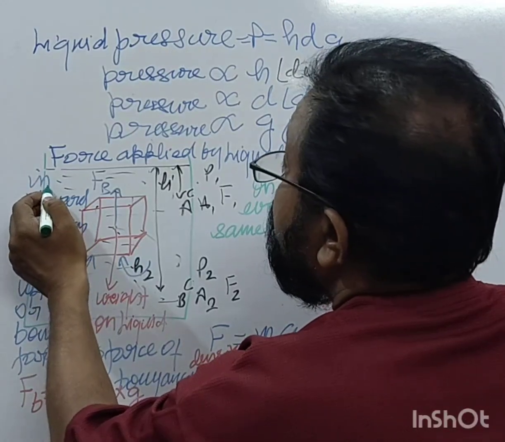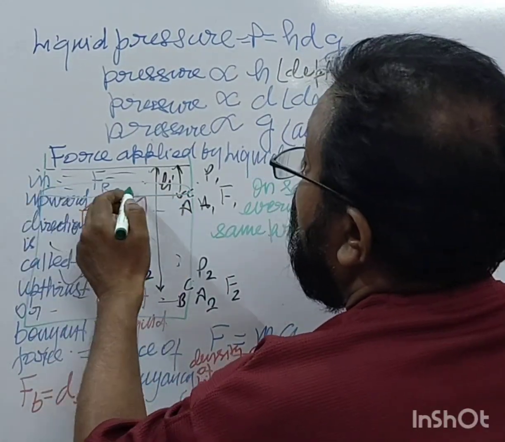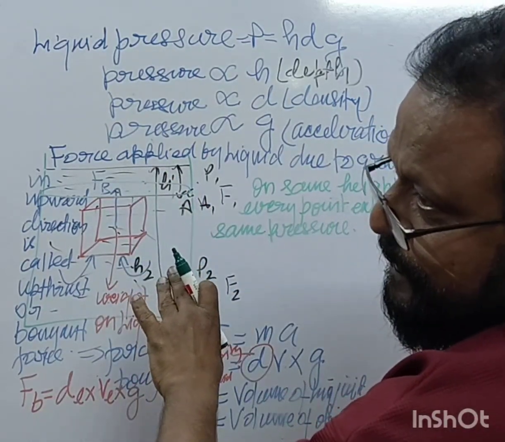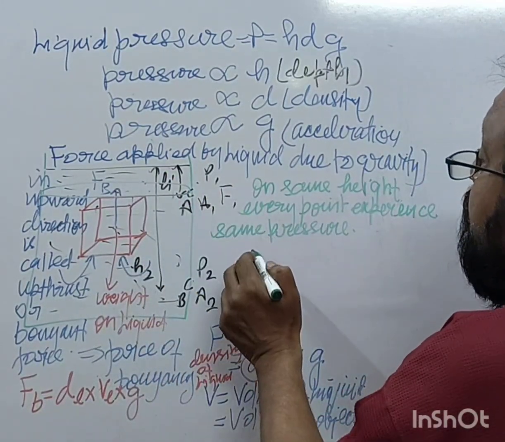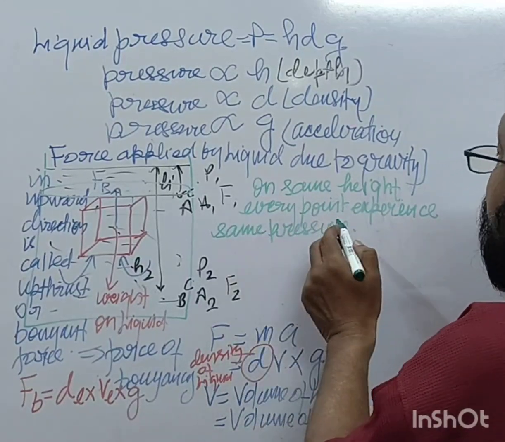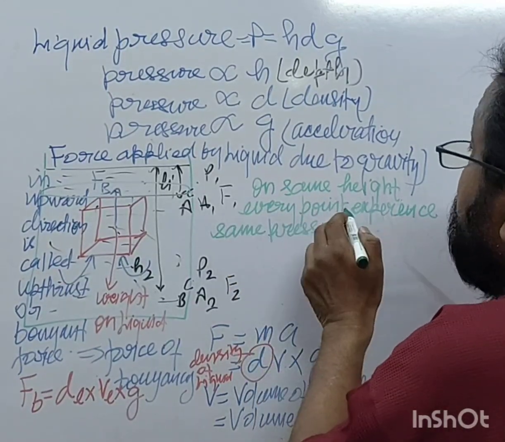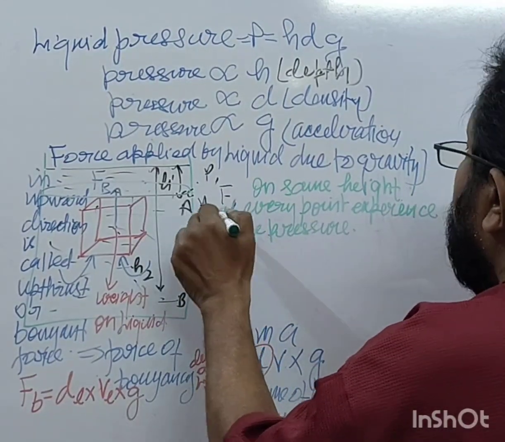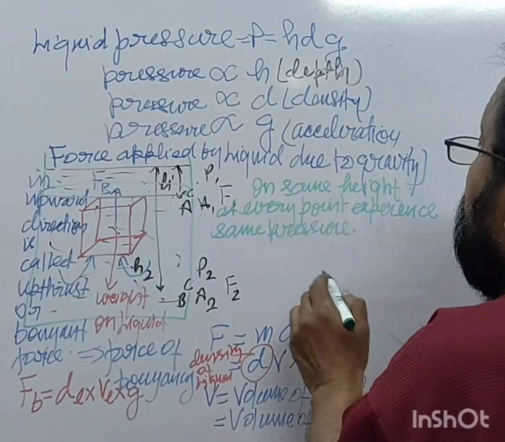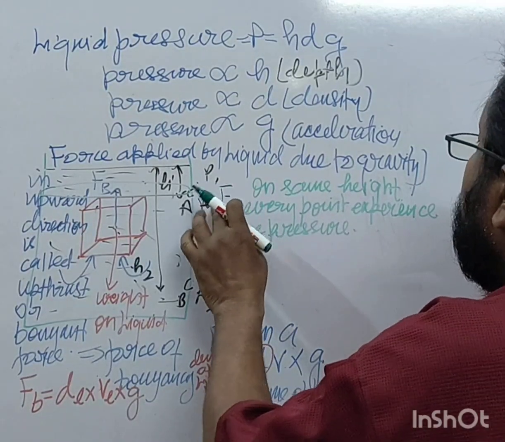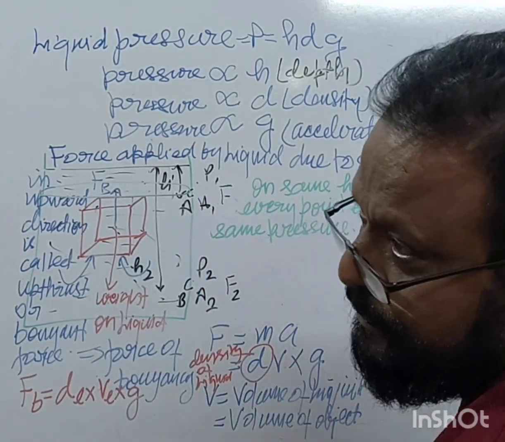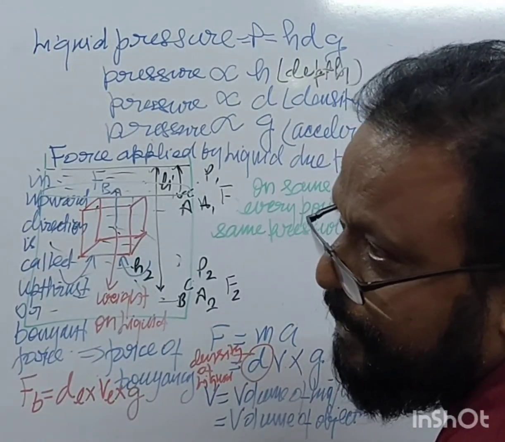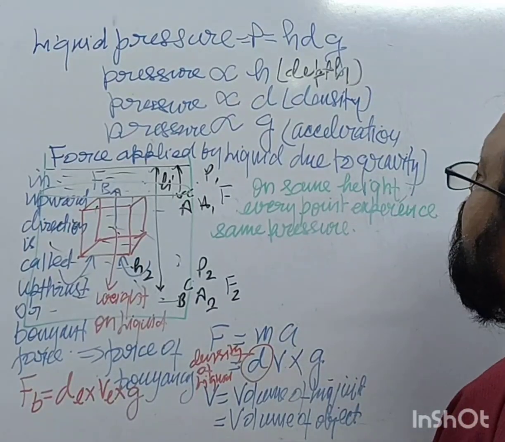Suppose if you go through this surface, all the points on this surface will have same pressure, right? So at same height every point experiences same pressure, right? But at different height pressure is different, right?